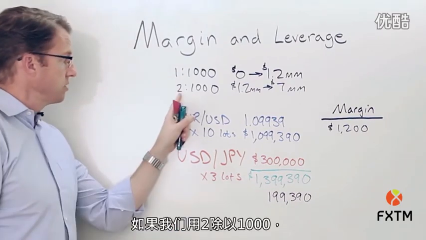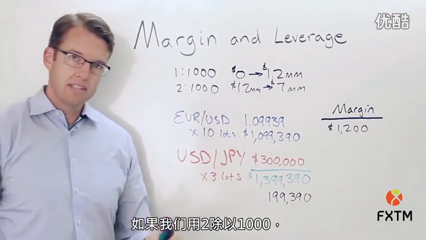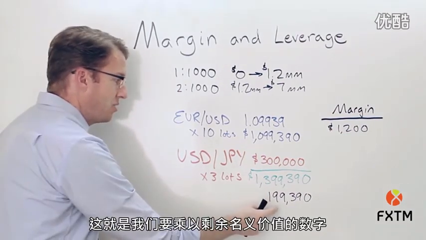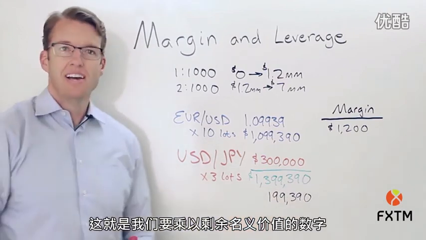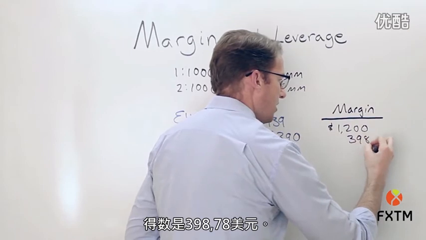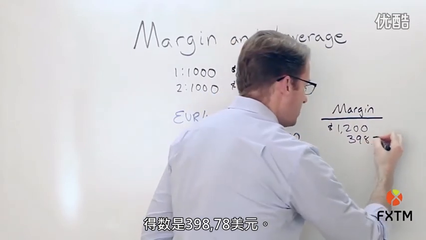Now we can do that easily, because if we take 2 divided by 1,000, we get 0.002. So that's the number that we're going to times by our remaining notional value here. And that gives us an amount of $398.78.